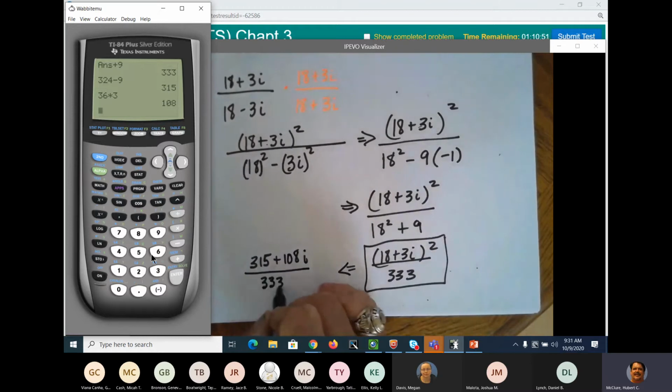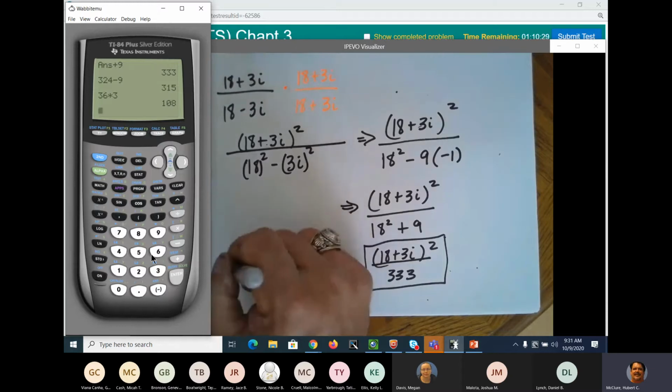Now I think you could probably reduce by 3. Let me see. 3 will go in there 3 times. 36, 3 will go in here 105. And 3 will go in there 111.